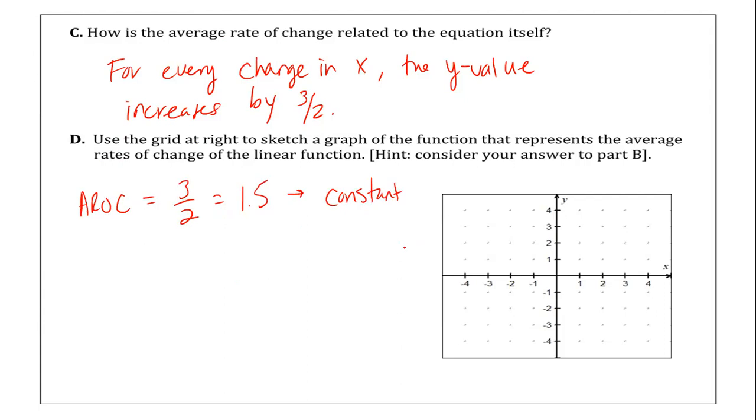Linear, what does it look like? Well, a horizontal, right? Because it's constant, we're going to draw a horizontal line with 0 slope at y equals 1.5. So a constant means horizontal with 0 slope. And for this problem, it's going to be at y equals 1.5. So I'm going to go here and draw the straightest line you've ever seen.